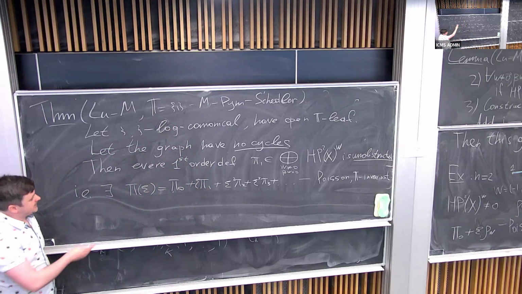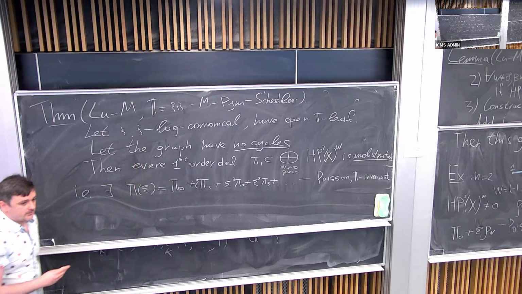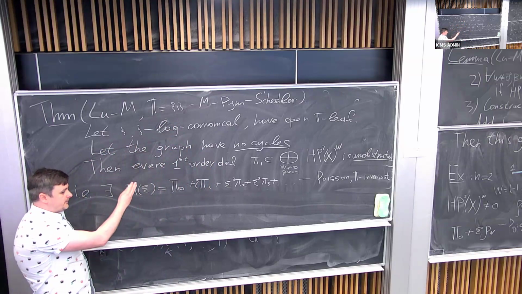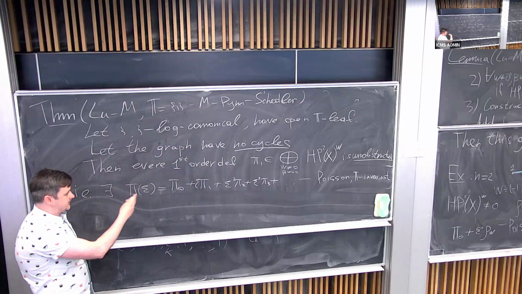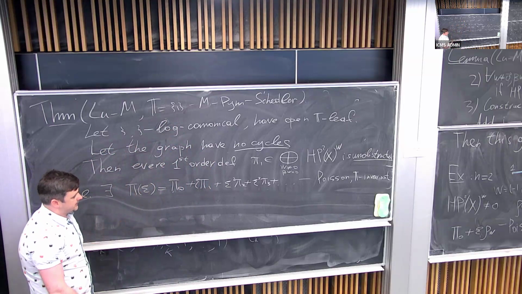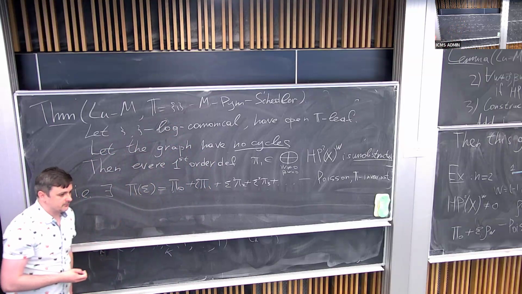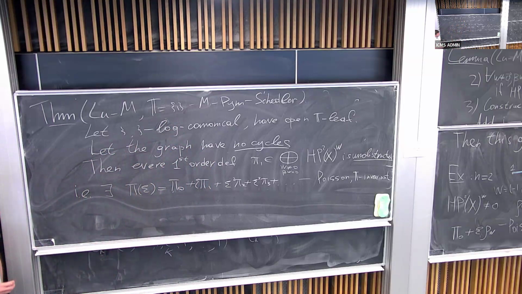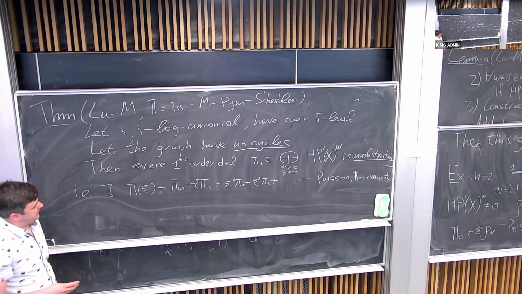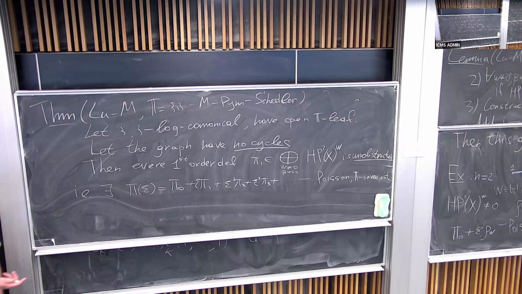Without cycles, we found an elementary proof now, but the initial proof that also covered the cycle case was very technical and involved infinity algebras. So the hope is that it should be true with cycles as well.